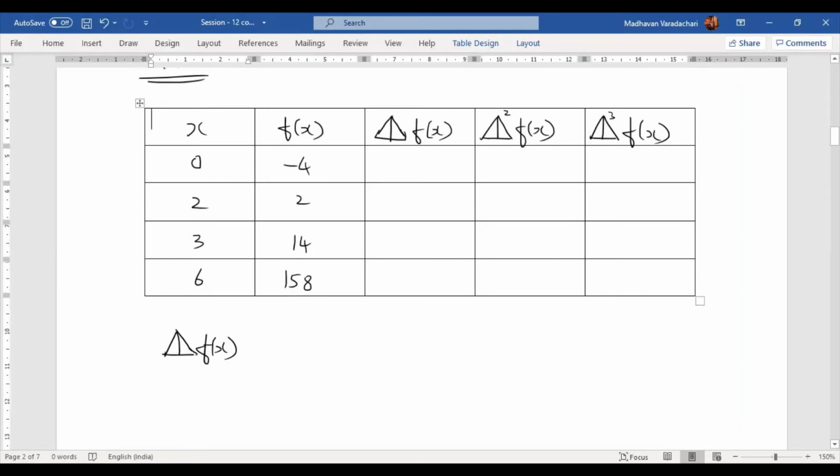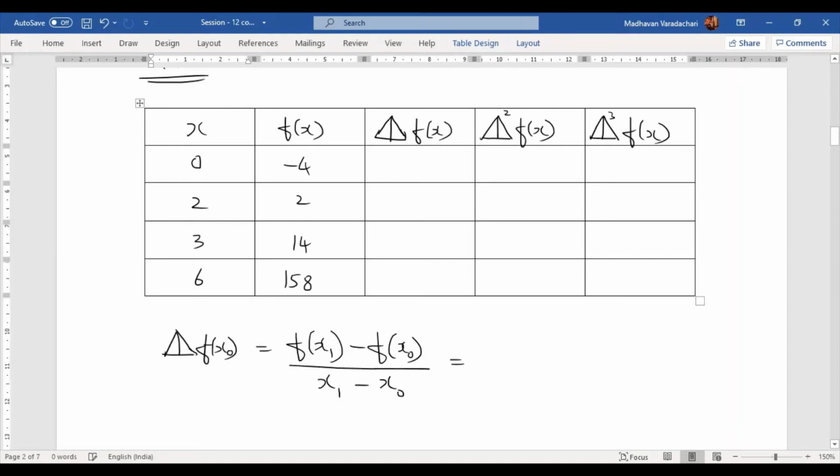So I'm going to calculate it for x0, which means this is actually f of x1 minus f of x naught divided by x1 minus x naught.